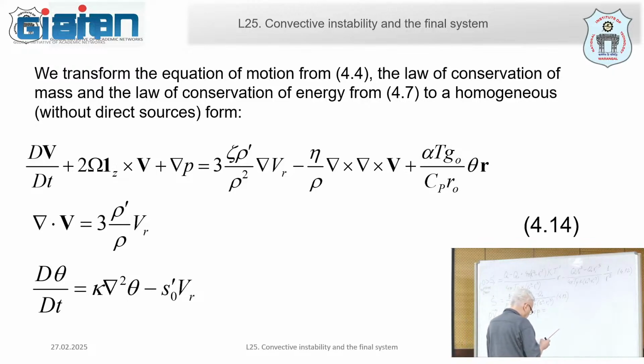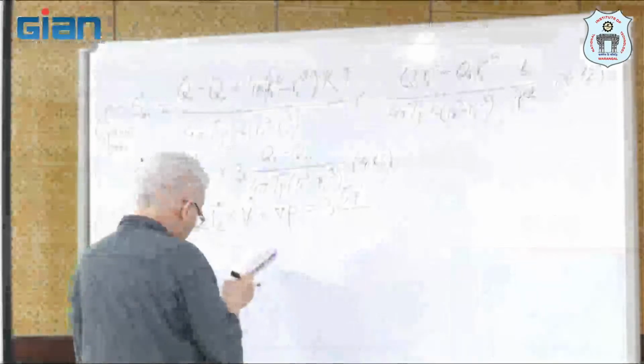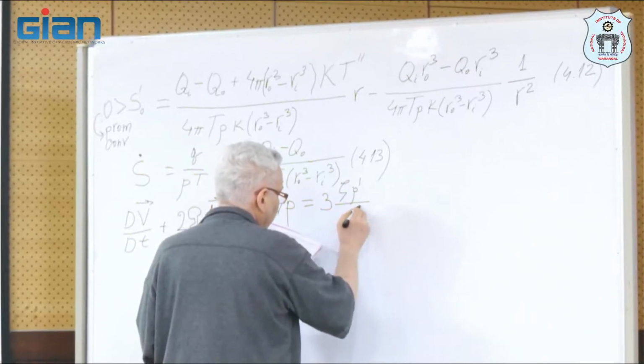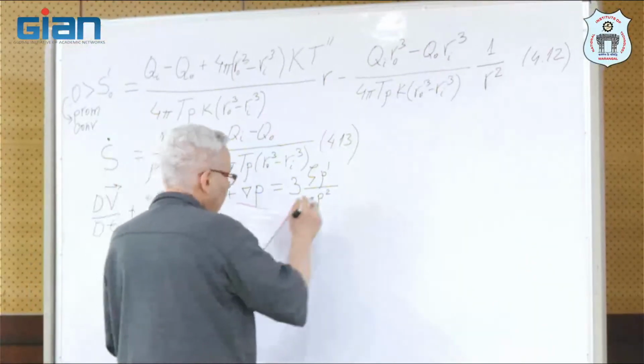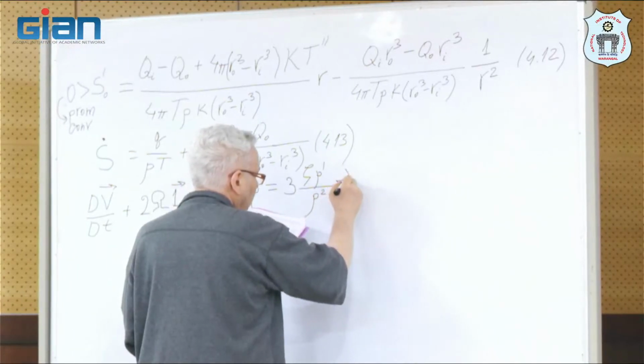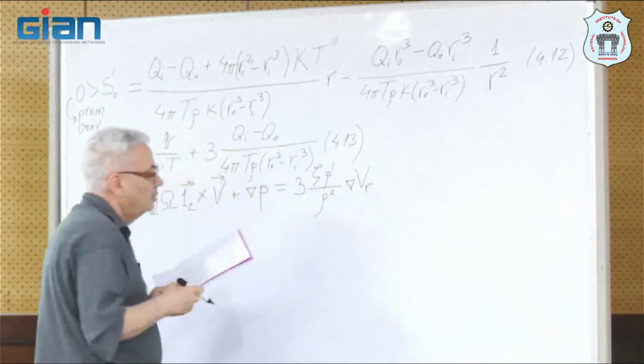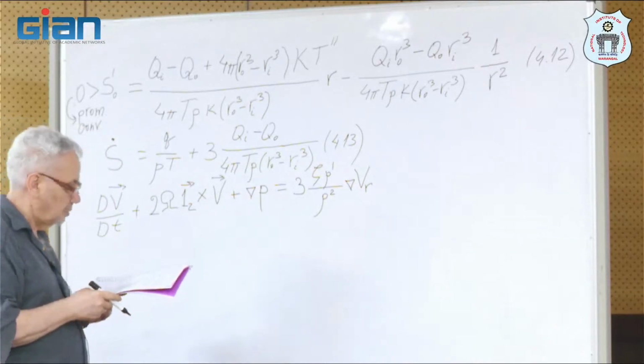So this term, which is related to the divergence in this form, is slightly transformed, and it takes the form 3 theta rho prime, which is given above, and rho squared, and the gradient of the radial component of the velocity.